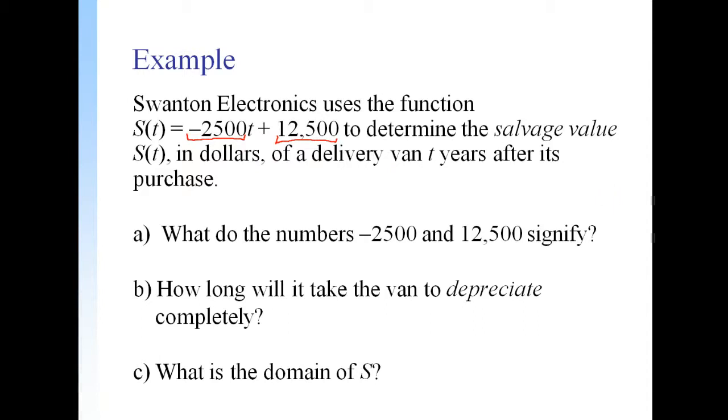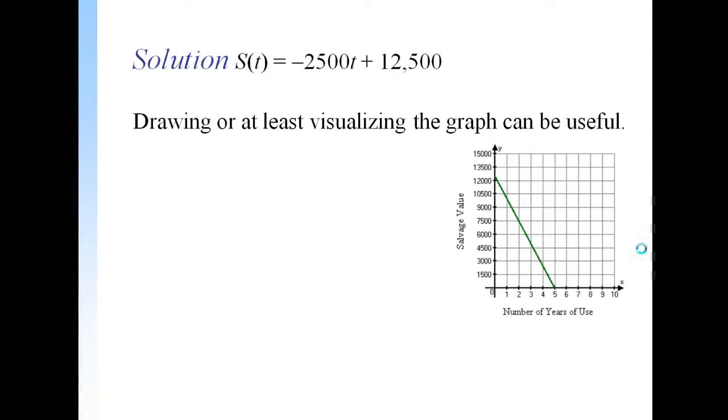So let's take a look and see what they show us. So there's the 12,500 right there, and it goes down to 5. So it's saying the number of years that this is useful, according to this formula, is 5 years. After 5 years, its value would be 0.